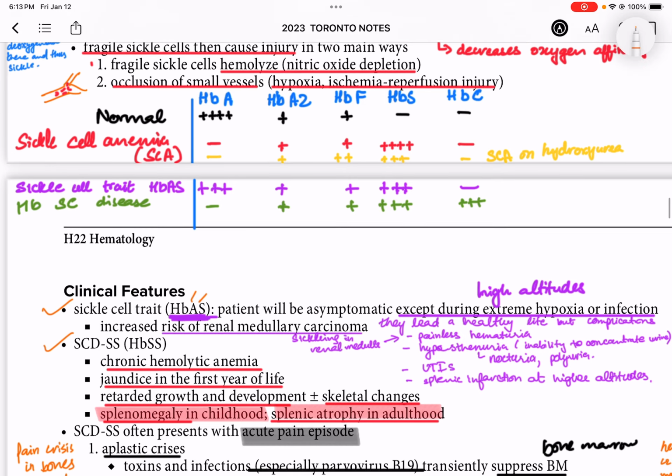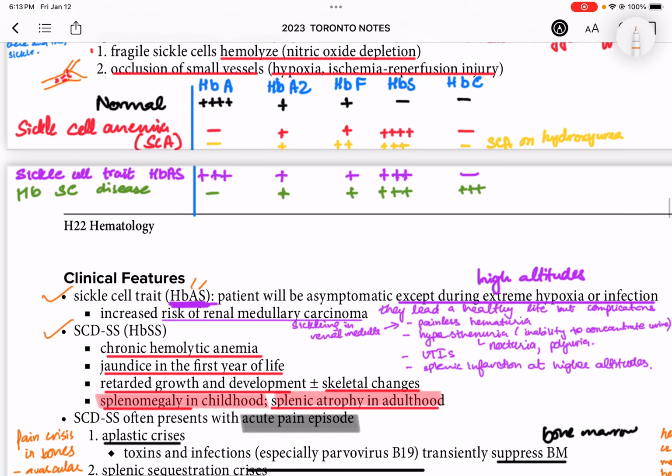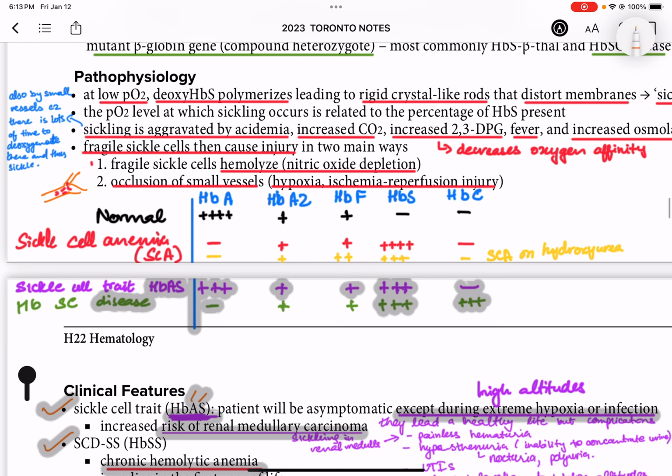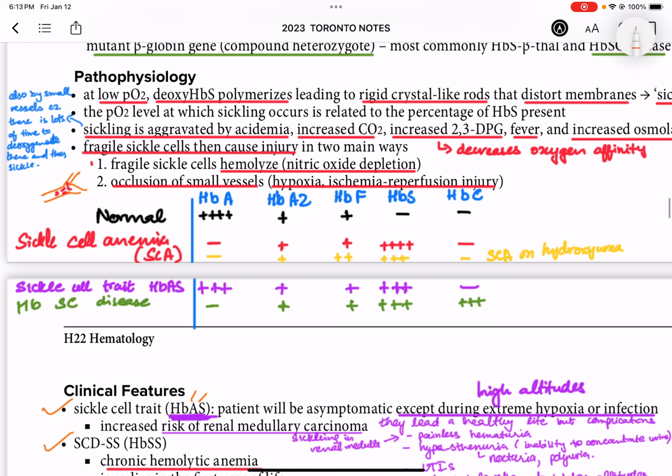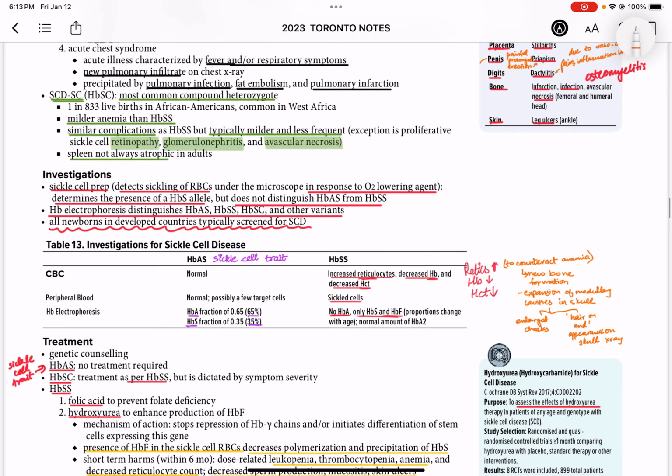But then in the purple we see sickle cell trait, hemoglobin AS. So in this, it has a little bit of hemoglobin A and a little bit of hemoglobin S also. We have almost 60% hemoglobin A and 40% hemoglobin S, which we're going to read here in this table too.